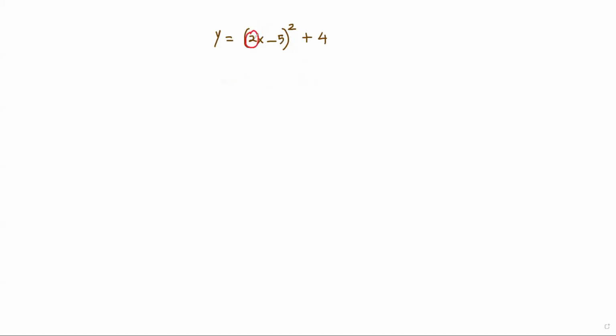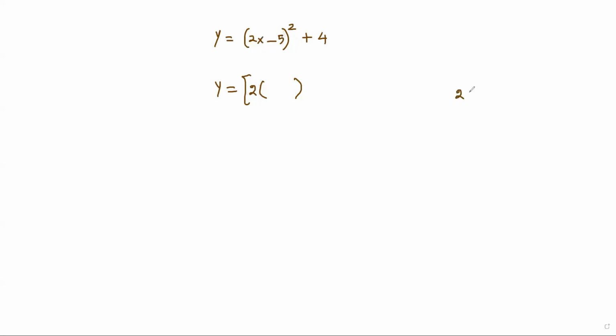Okay, let's see what has to be done. To make this coefficient of x as 1, I'm going to factor 2 from these two terms. When I factor 2 from these two terms, what will I get inside the parenthesis? To know that, I have to divide these two terms, 2x and negative 5, by the 2 I factored out.